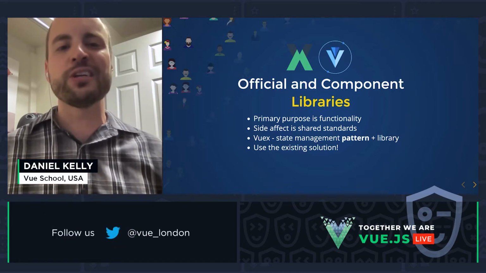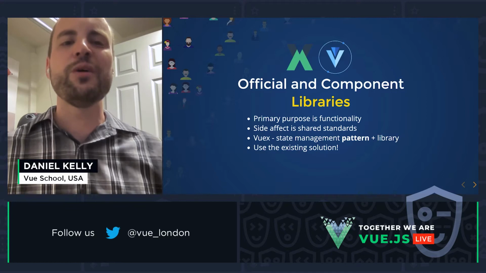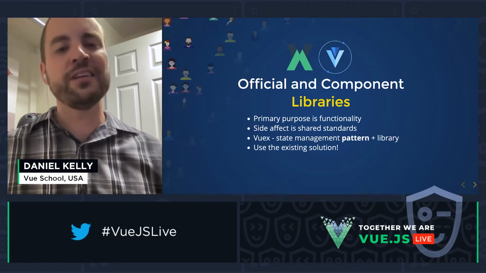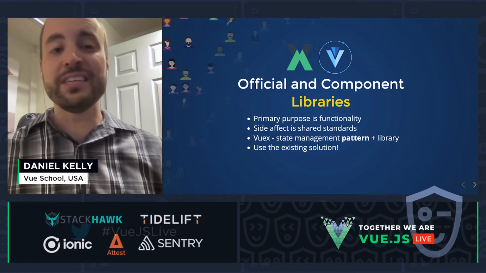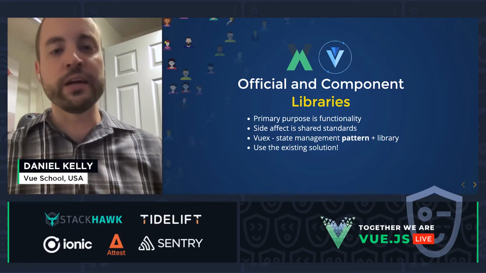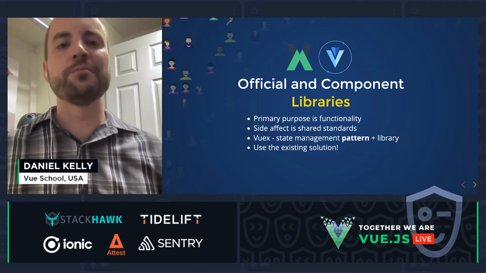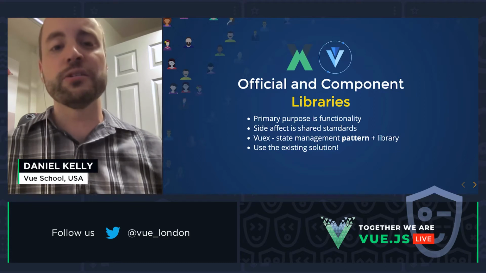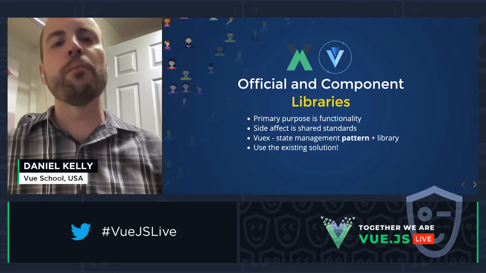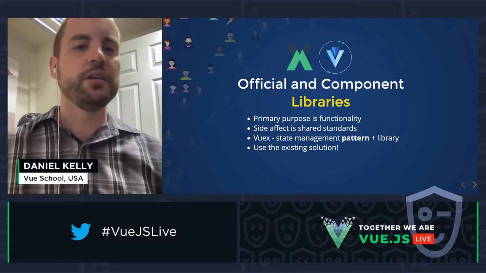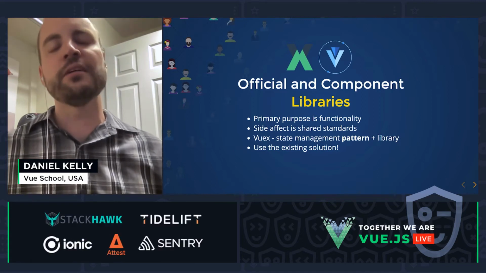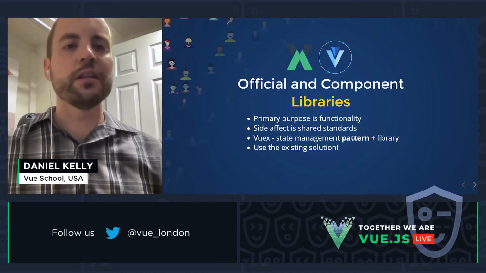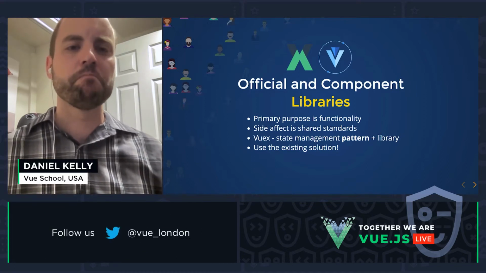If there's already a solution out there to meet your needs, go and try to use it unless you have a really good reason not to. Because not only does that solution come with built-in tests, not only does it come with great documentation, but it also comes with standards. Standards that people beyond your team are aware of, and that'll make onboarding new people just that much easier. Now, this applies, I think, to all the component libraries as well, just on a little bit looser level, but the same idea.